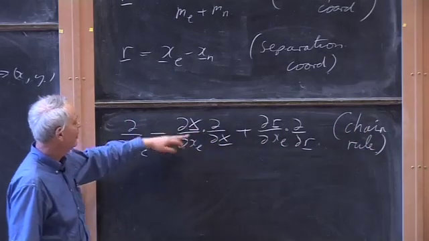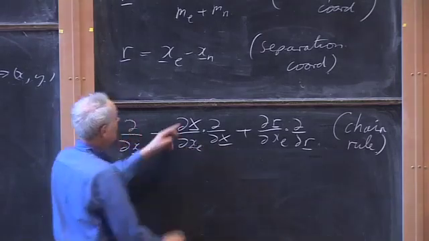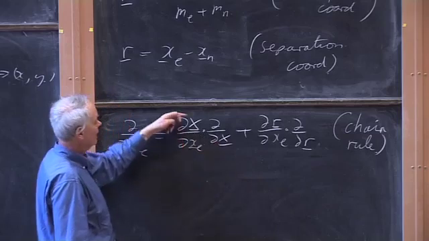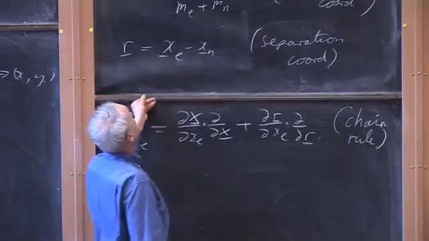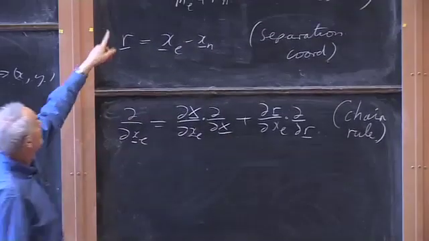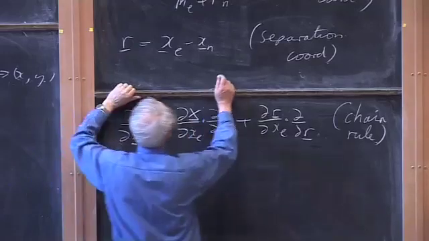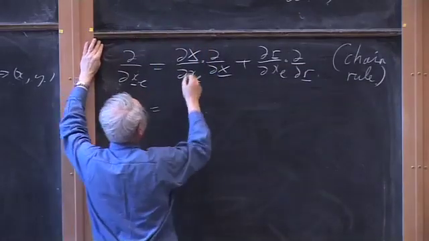Because this thing's got 3 components, so this is dx1 by dxe, d by dx1 plus dx2 by dxe, d by dx2, etc., etc., etc.